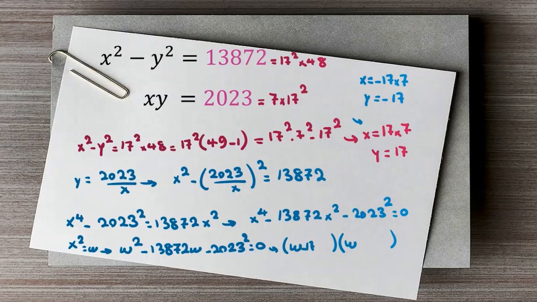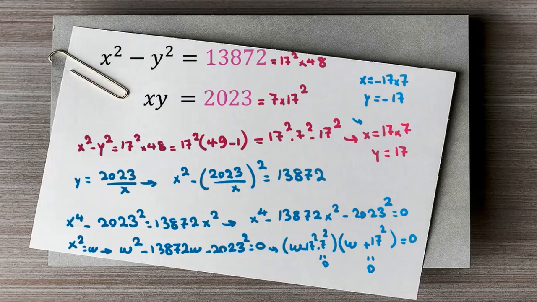And because we want to reach 2023 squared, if you place plus 17 squared, 2023 squared is created. Also, if you add these two things and factor out 17 squared, it will be 17 squared times (1 minus 49), negative 48, and it is exactly negative 13,872.